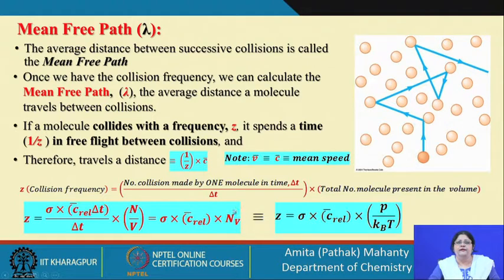The number density we had further simplified into number of moles times Avogadro number divided by volume, and this volume we had replaced using the ideal gas law, PV equal to nRT. So, the volume was replaced by nRT by P. This is how we got this expression. So, this was the last class which we had discussed.